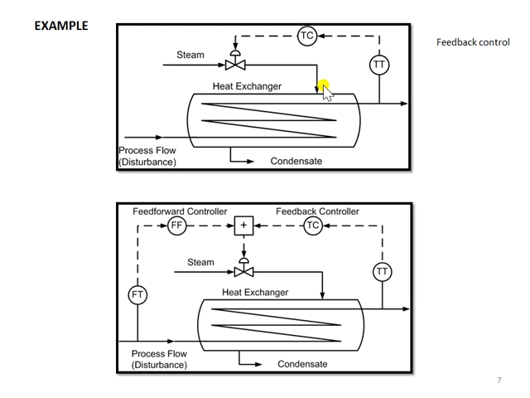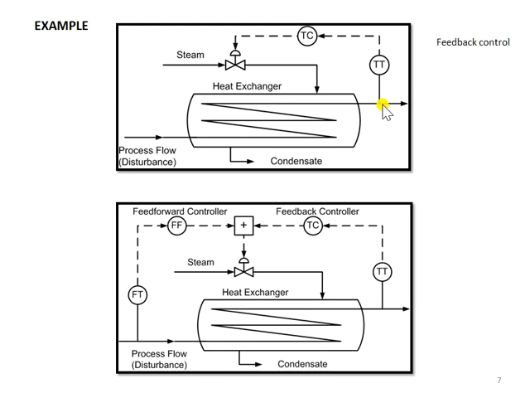The heat exchanger is regulated through a control valve, where the control valve is regulating the steam flow rate entering the heat exchanger. So if we increase the opening of the steam valve, the steam flow will be increased and the temperature of the process flow which goes through the heat exchanger will also be increased.